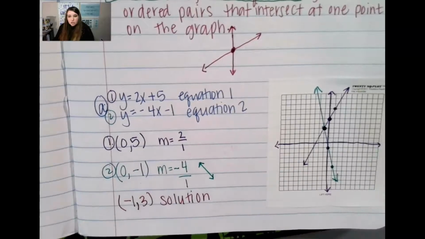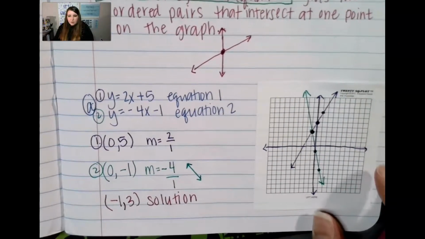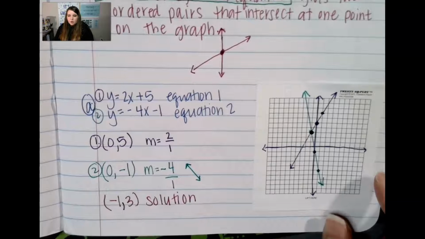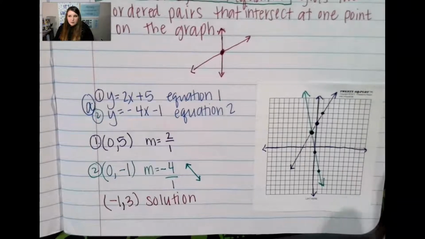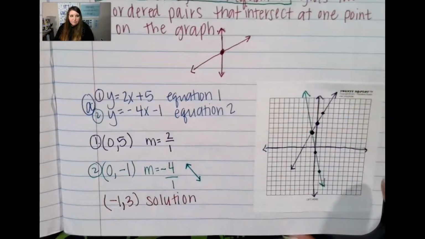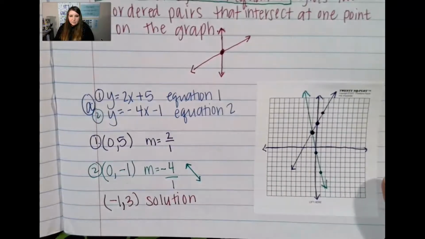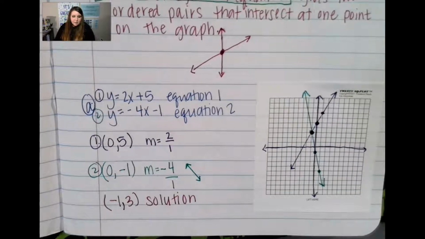It's where the two lines go together or cross over on their graph. So that is the solution. The solution is x equals negative 1 and y equals 3. Okay, so go ahead and write this one down, get this one graphed, and we're going to do another example.